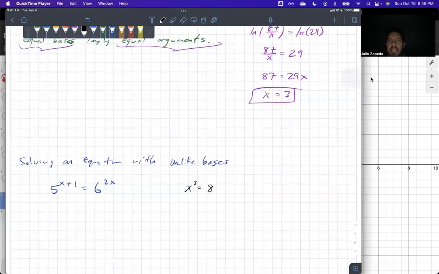What number cubed is 8? Well, we know of a function called the cube root function, the cube root of x. And this function can be applied to this equation. We can take the cube root of both sides to get x equals 2. Yay. We solved for x by applying the cube root to both sides.